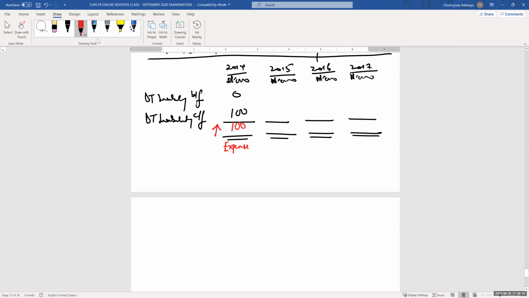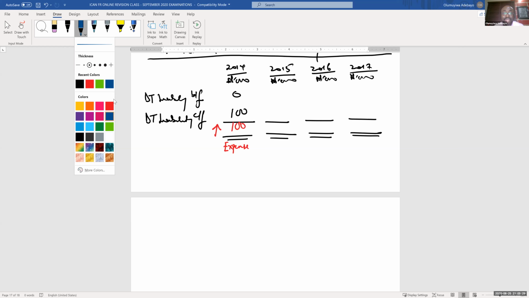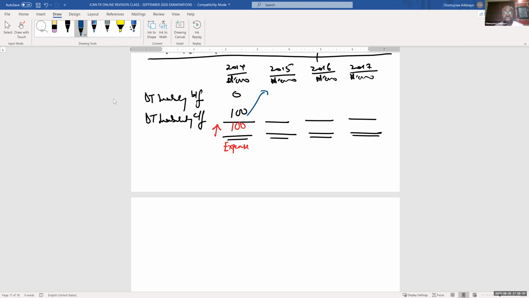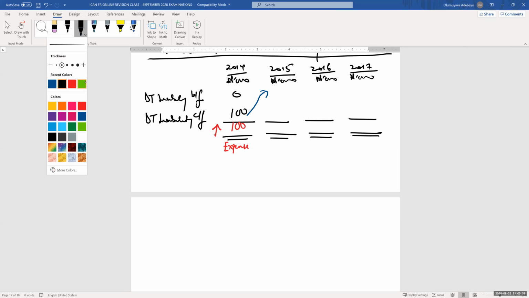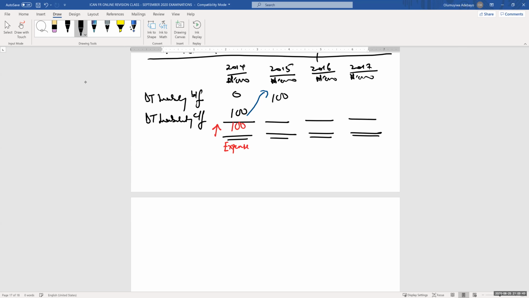Also, we are all aware that your balance carried forward in 2014 is what is brought forward to 2015. True. Which then means that is our opening balance in 2015.